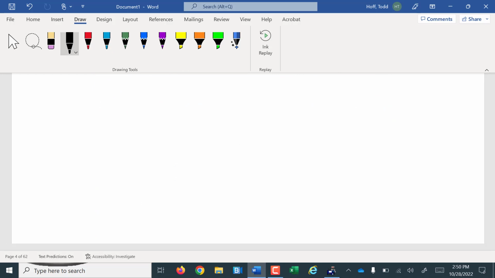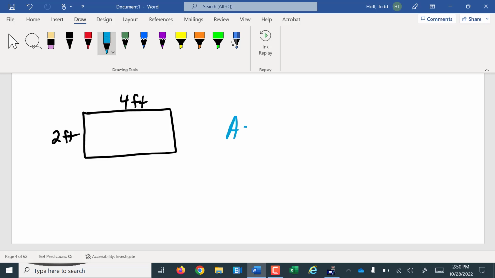So let's take a peek at, let's say this is 2 feet by 4 feet. The area, that's going to be what? Yeah, 4 feet times 2 feet, or 2 times 4 feet, 8 square feet.